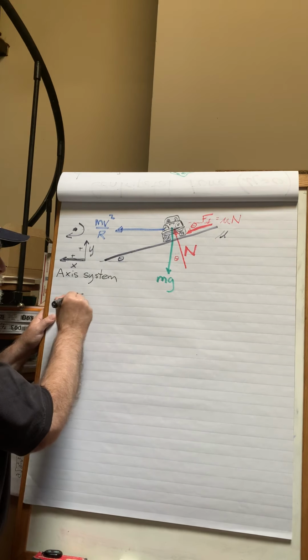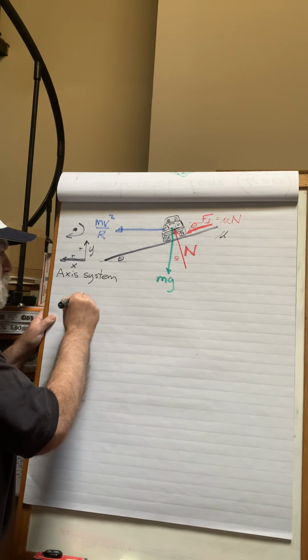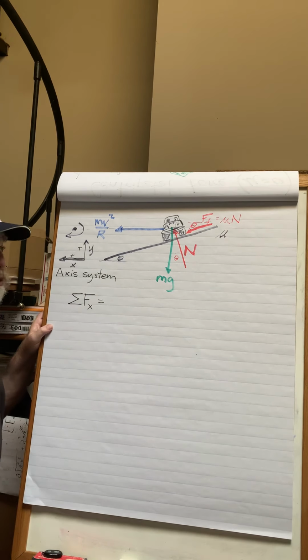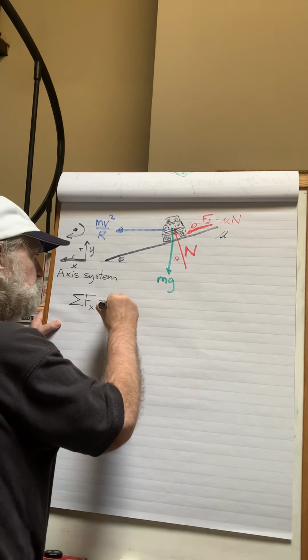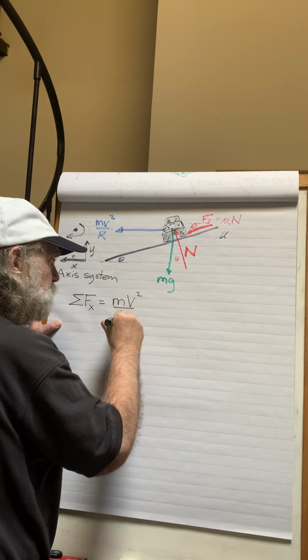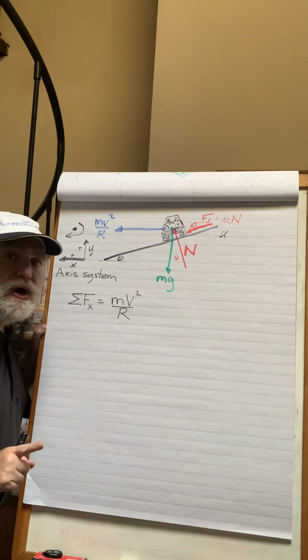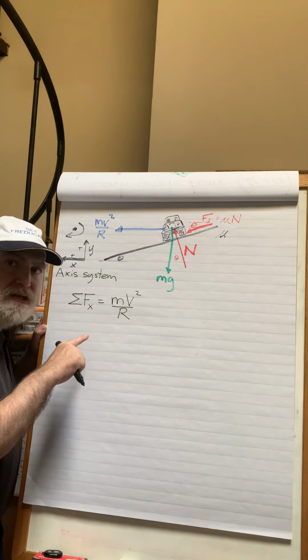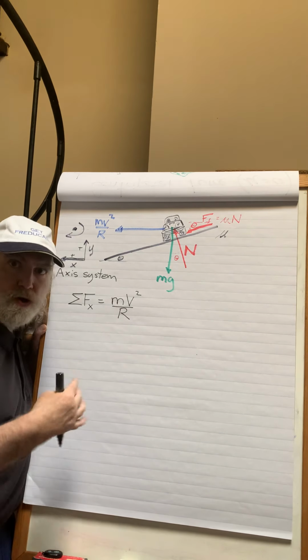So I'm going to look at the sum of the forces in the x direction. And the only force in the x direction is the centripetal force. And as always, I ask the question, what provides the center-seeking or centripetal force?